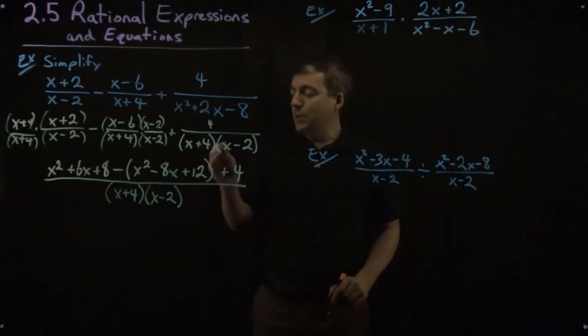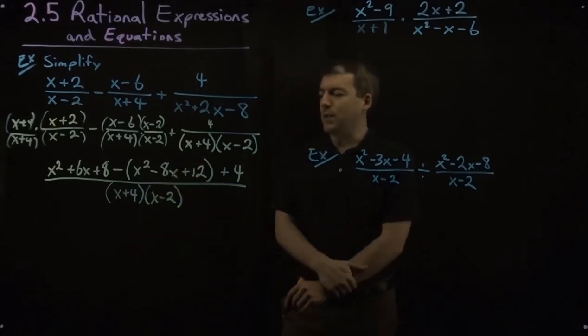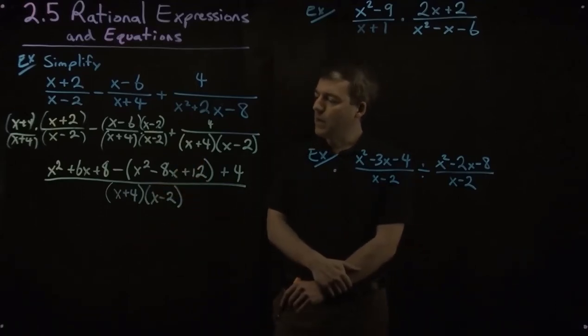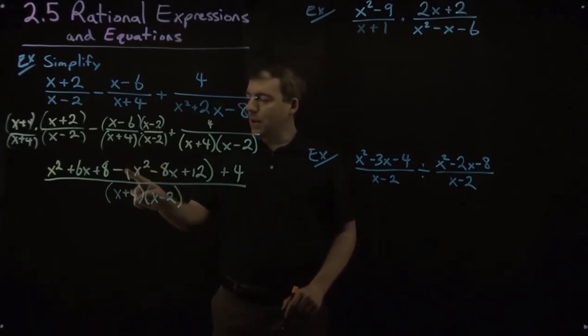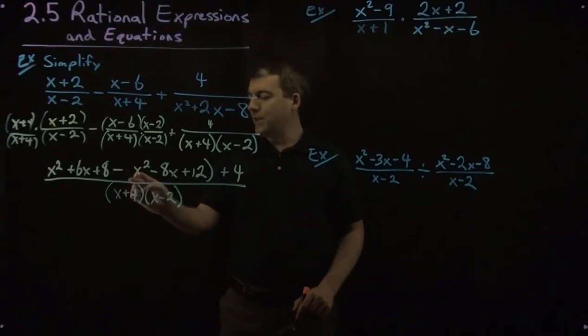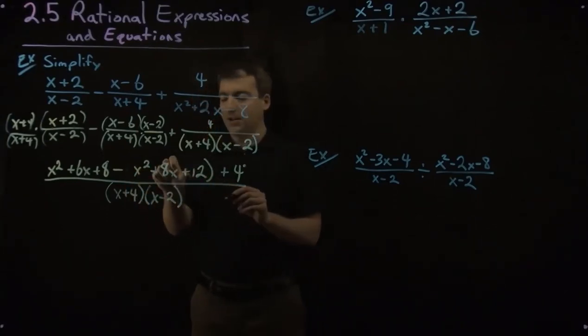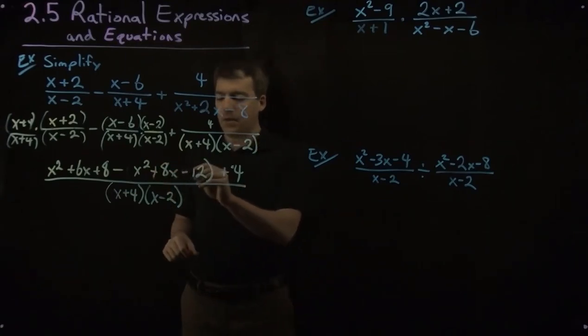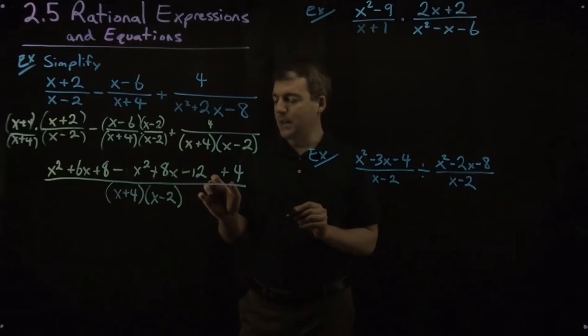So there's no reason to multiply this out just to factor it again when we try to simplify. Okay. Now we'll distribute this minus sign. So I'm just going to go ahead and change the sign of that x squared. We've got to change the sign here and change the sign on this 12. All right, that takes care of that minus sign.